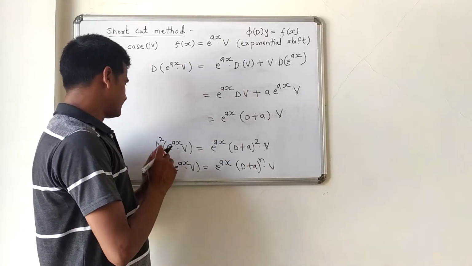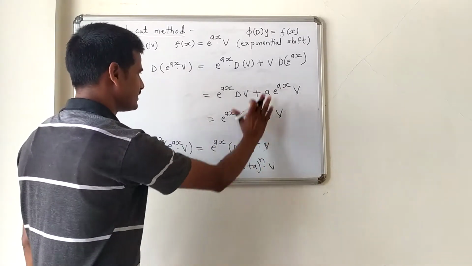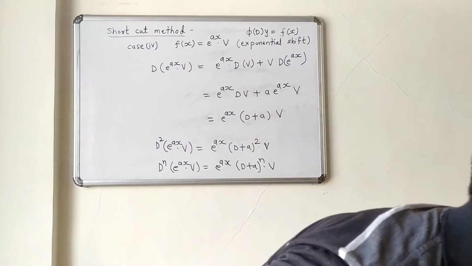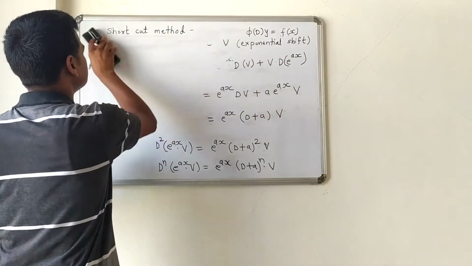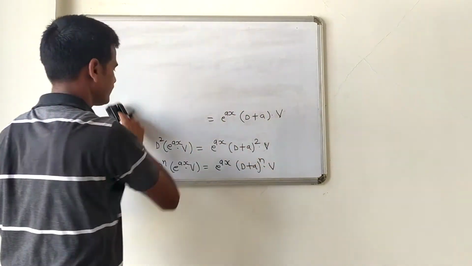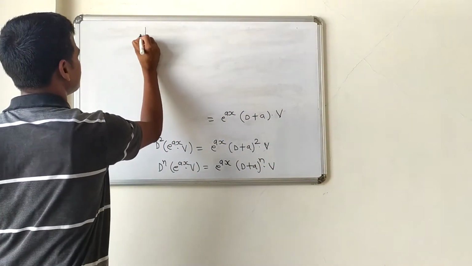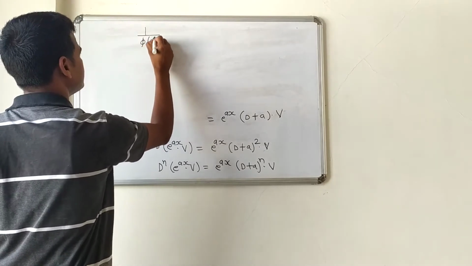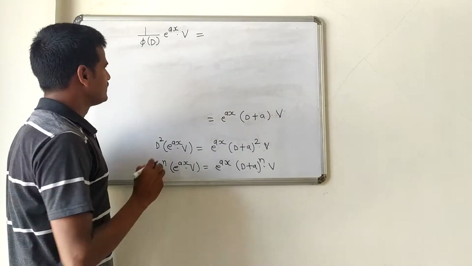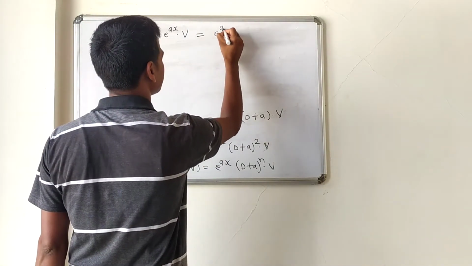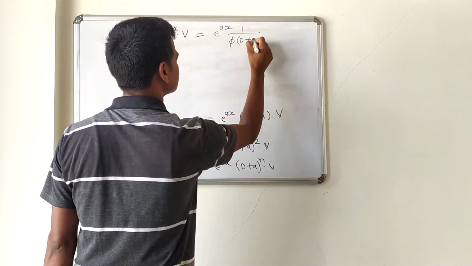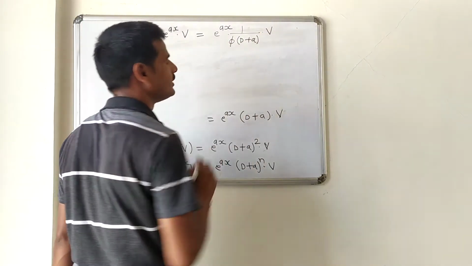When you operate any phi of D, 1 upon phi of D on e to the power ax into v is equal to e to the power ax into 1 upon phi of (D plus a) into v.